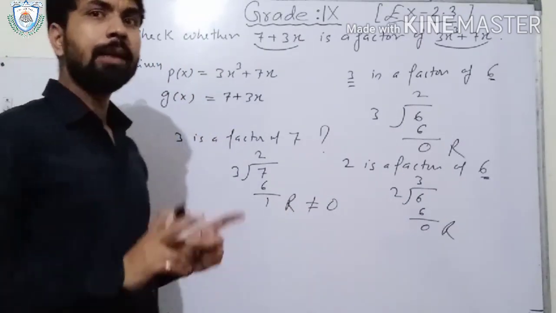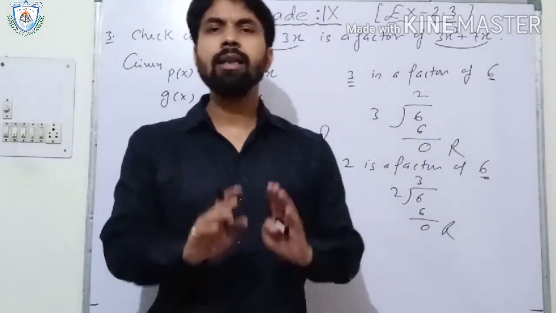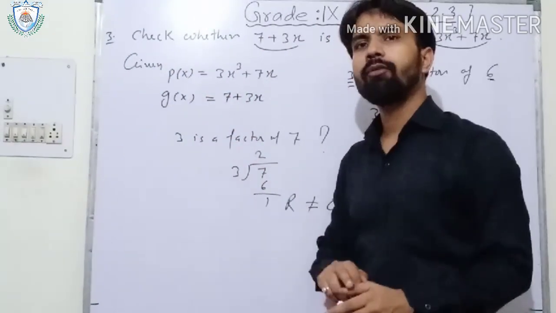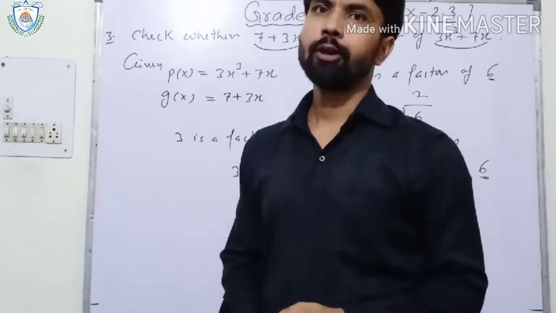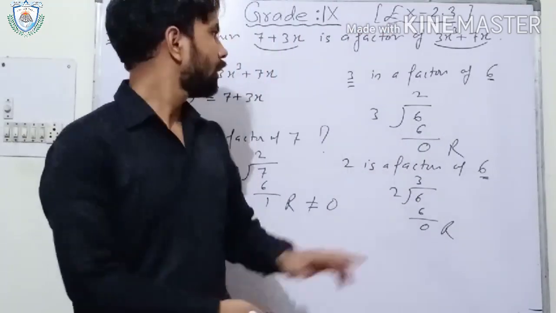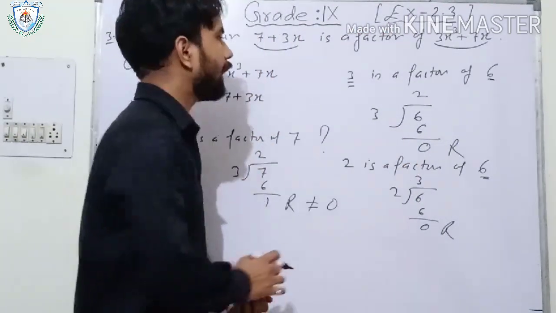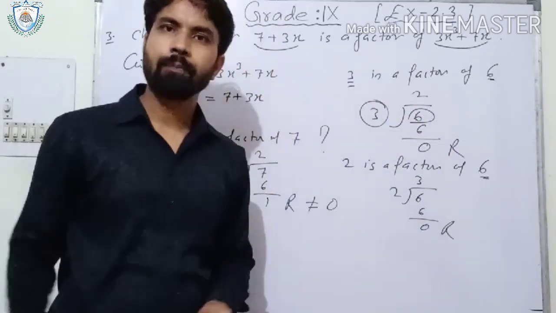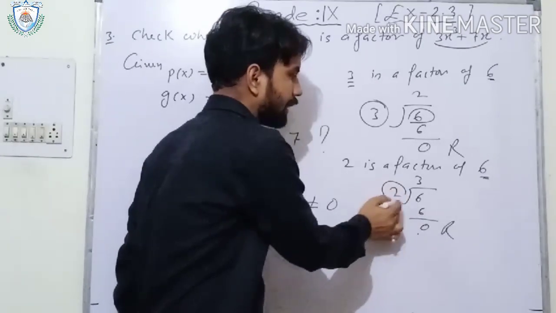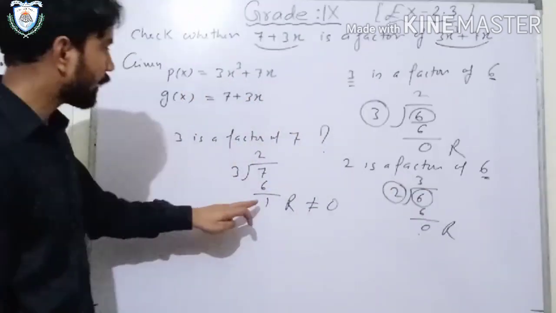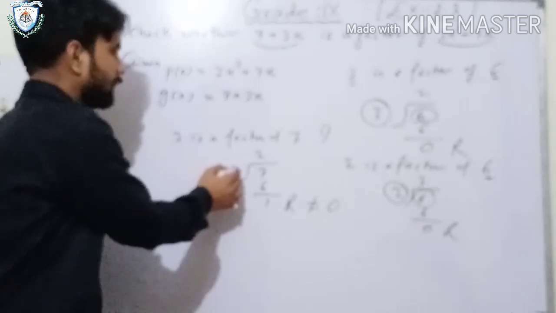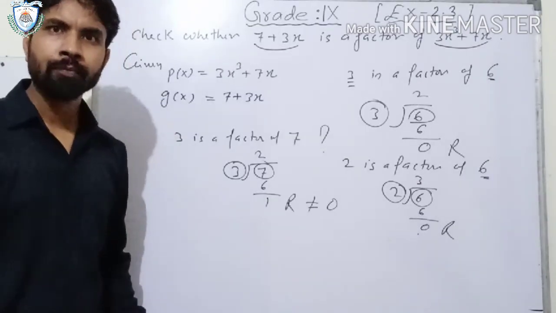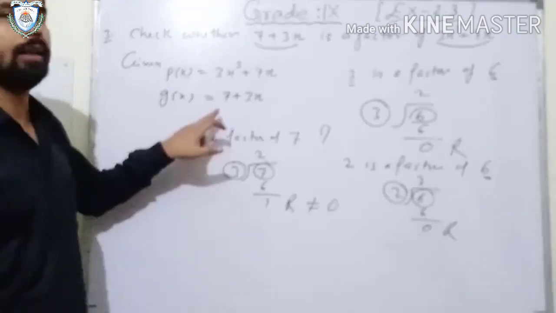So beta, always keep in your mind, whenever the remainder comes 0, then only the divisor will be a factor of the dividend. Clear? If the remainder is 0, then only the divisor is a factor of the dividend. Here it is 0, so the divisor is a factor of the dividend. Here the remainder is not 0, so the divisor is not a factor of the dividend. Understood? So the same concept we will use here.